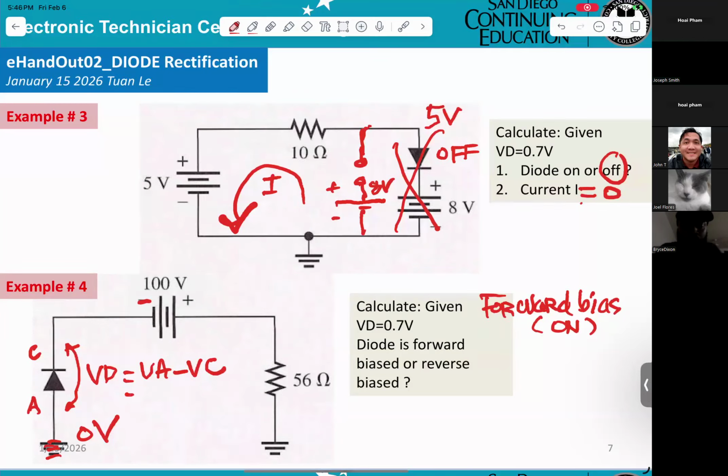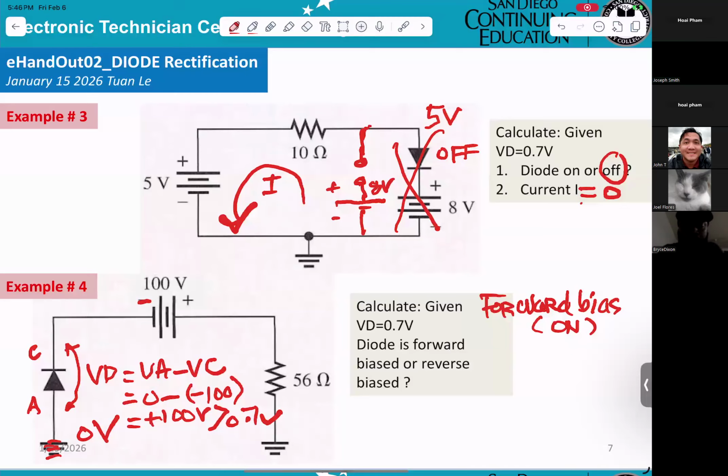If you calculate here, VA 0 minus negative 100 will be equal to 100 volts. That is greater than 0.7 volt.